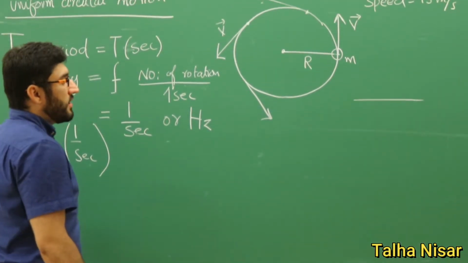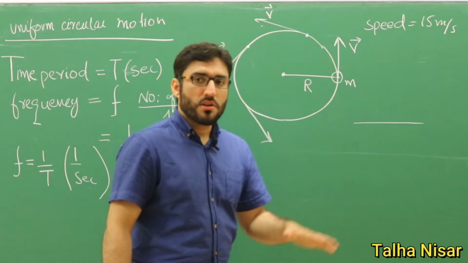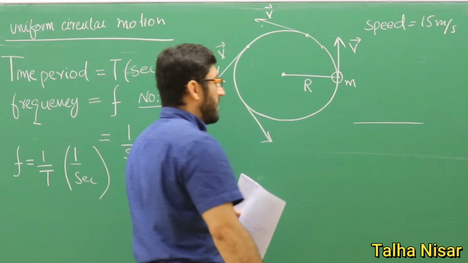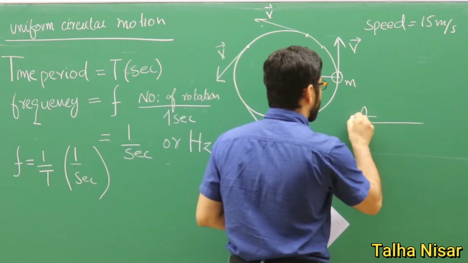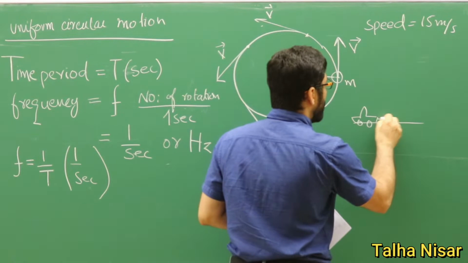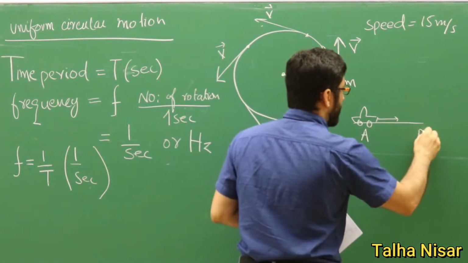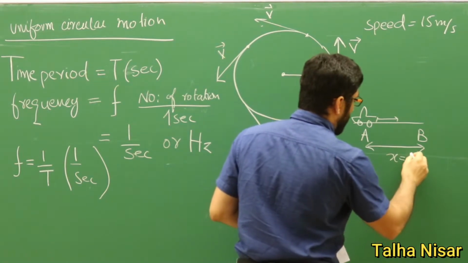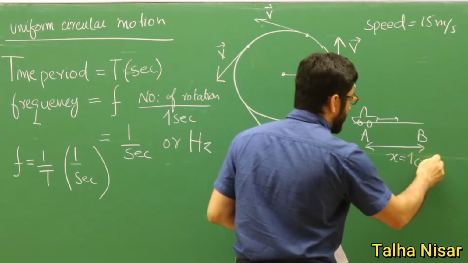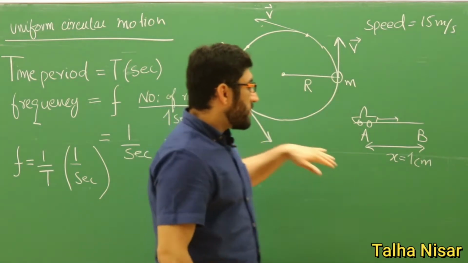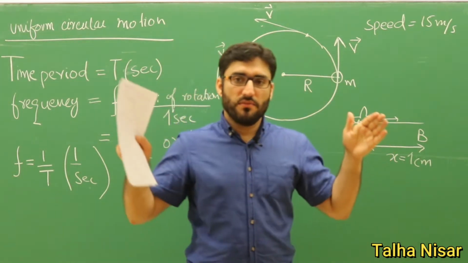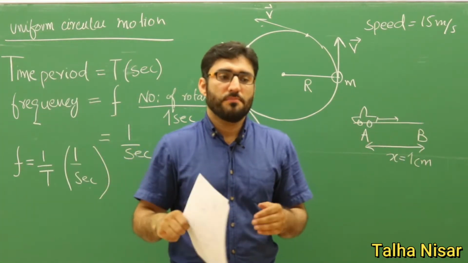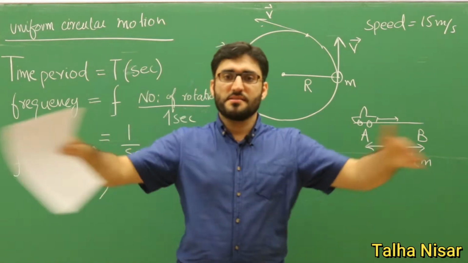In linear motion, for example, we have a car that's moving from point A to point B. We have a displacement given by x, for example, 1 centimeter or 1 meter. We were able to measure that distance with a meter rod, for example, or with other instruments. But it's a straight line.